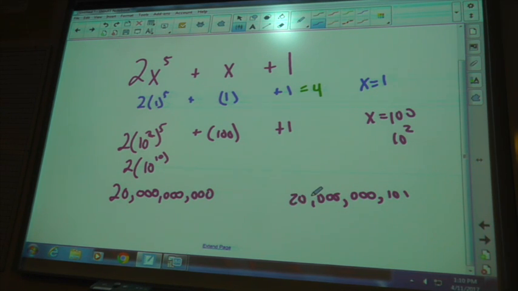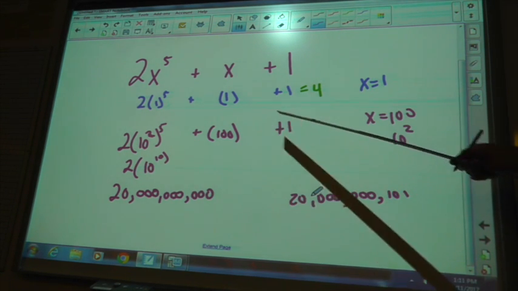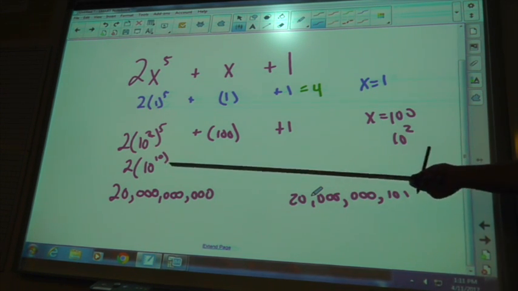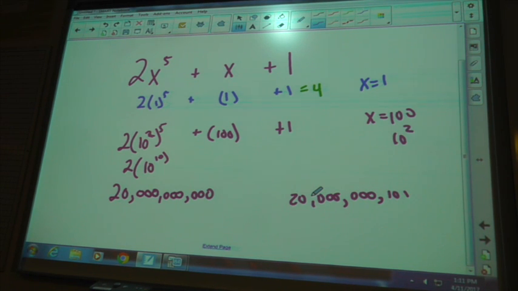Now, let's think about this. If you have $20 billion, even if you have this much money, does $101 really matter? Do you really care? You're like, give me my $20 billion, okay, you can keep the $1 bill, right?